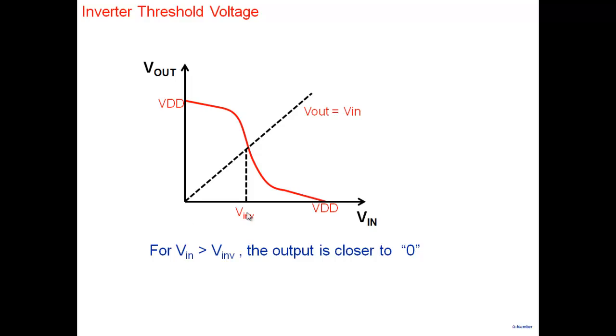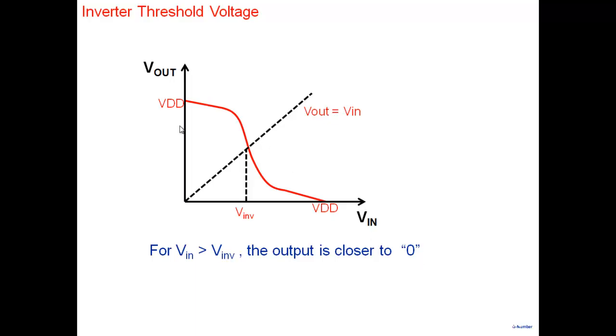Note that for V in less than V inverter, the output is closer to 1, and for V in larger than V inverter, the output is closer to 0. That's why we're calling it threshold. So in that sense, it's a threshold point.